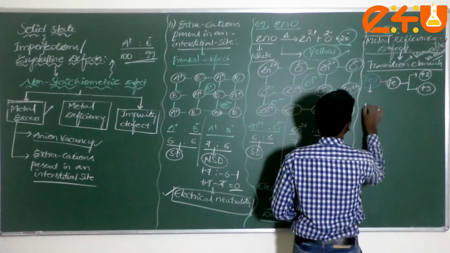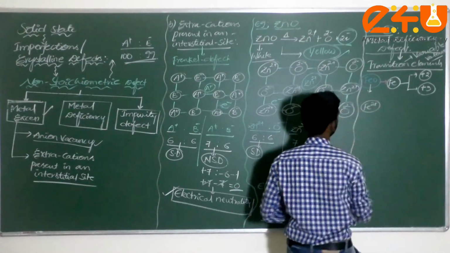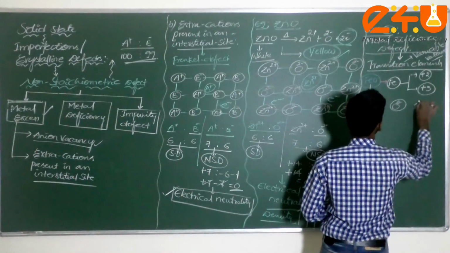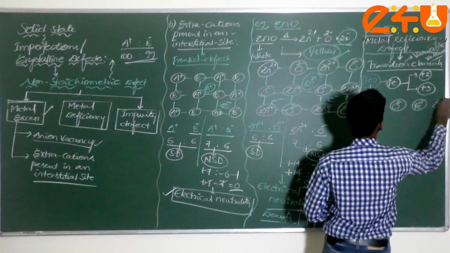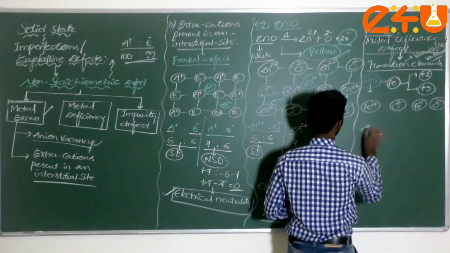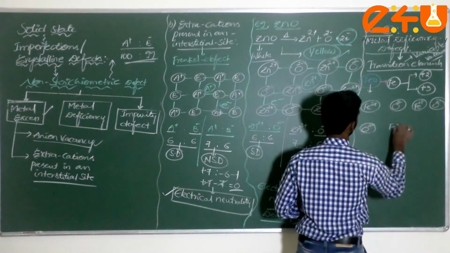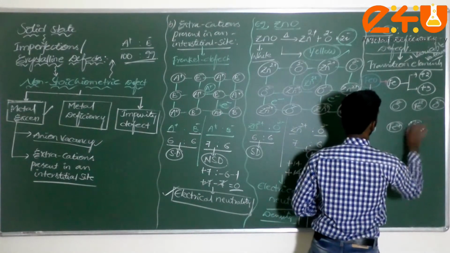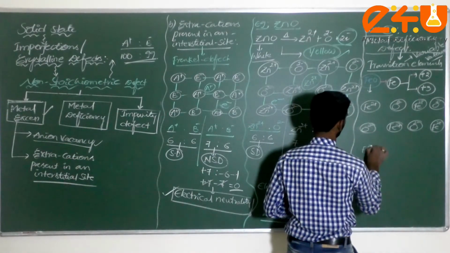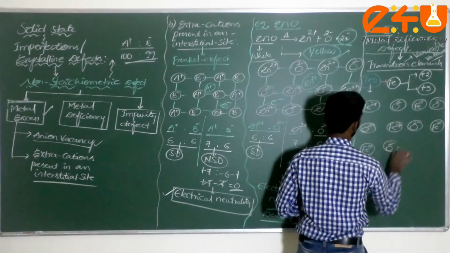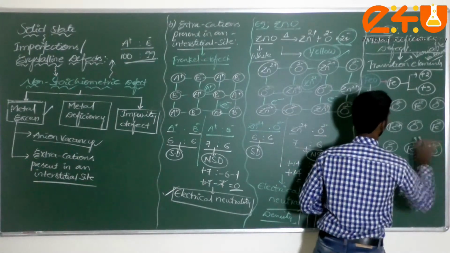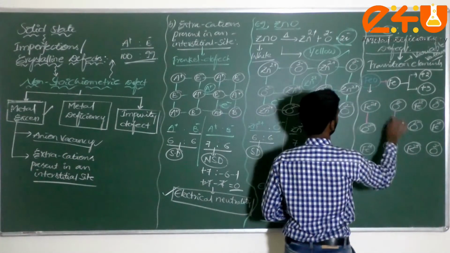Now Fe2 plus, next one O2 minus, Fe2 plus, O2 minus, Fe2 plus O2 minus, Fe2 plus, here Fe2 plus O2 minus, Fe2 plus, O2 minus. Now what I am taking here? Crystalline lattice.